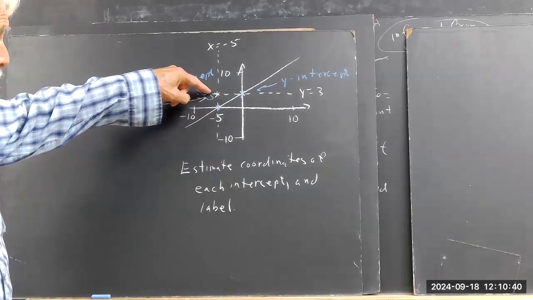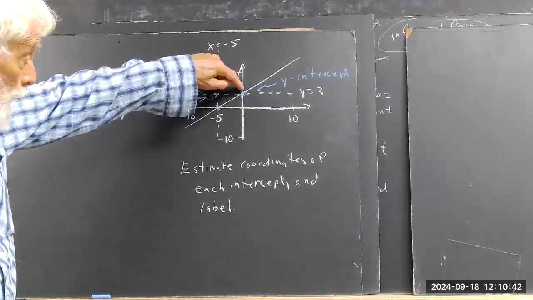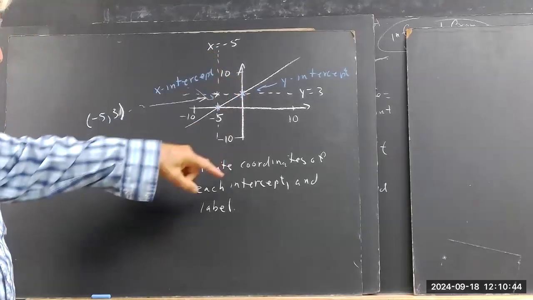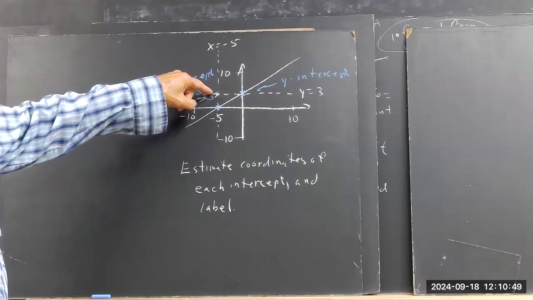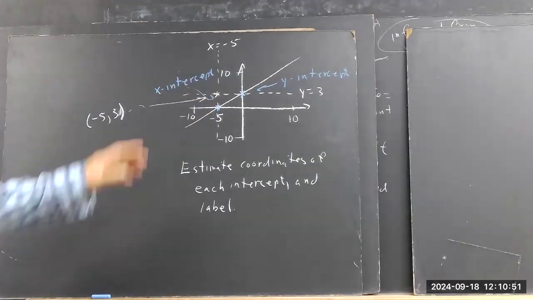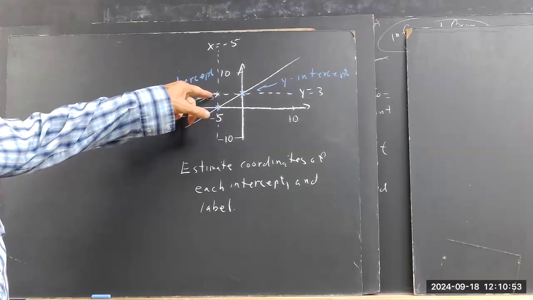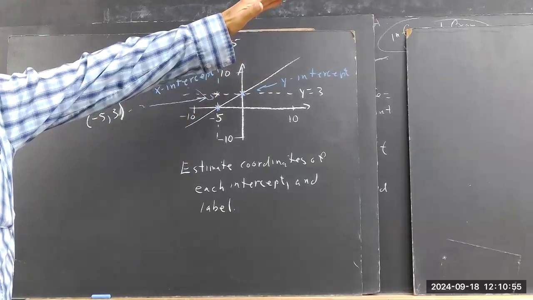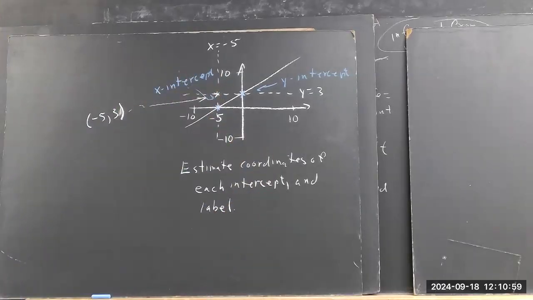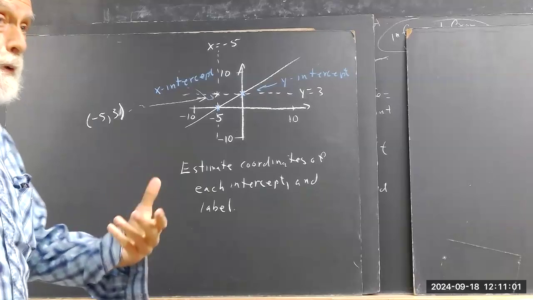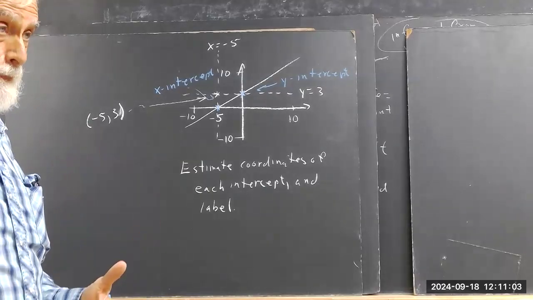No. Is this point the y-intercept? No, the y-intercept is this point. The x-intercept is this point, not this point. So actually, this point doesn't have anything at all to do with this line. It's contrived. Doesn't have anything important to do with this line.